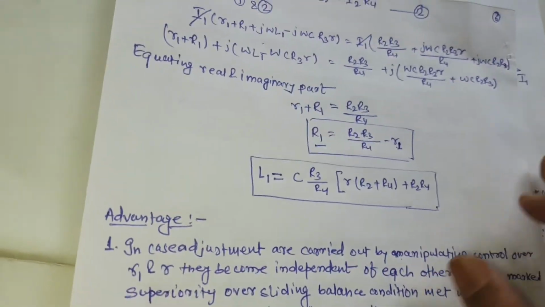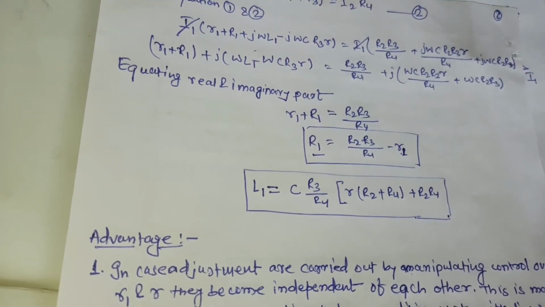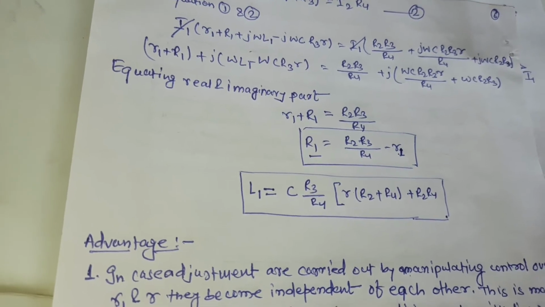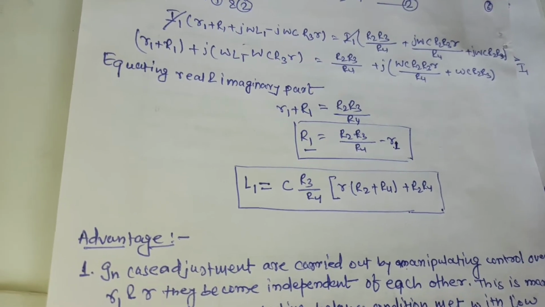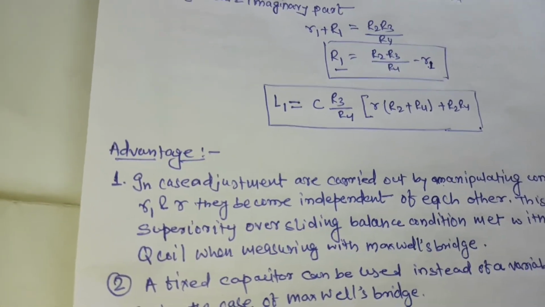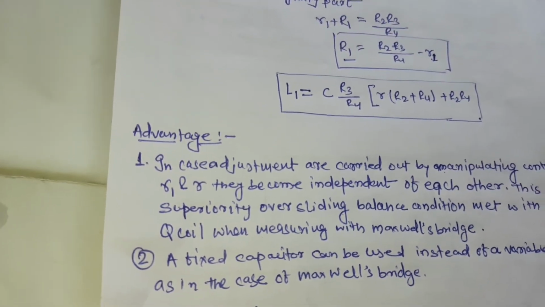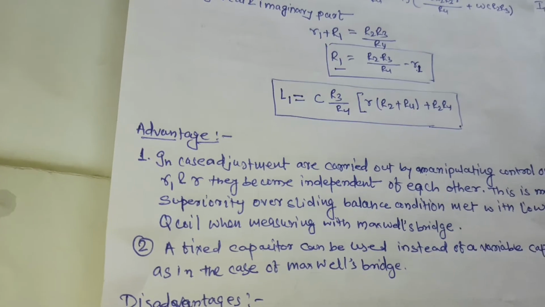That means the balancing conditions of R1 and L1 are independent, and they are operated by small r1 and small r independently. So this is the advantage of the Anderson bridge over the other bridge. So in the case of adjustment, it is carried out by manipulating control over r1 and r.